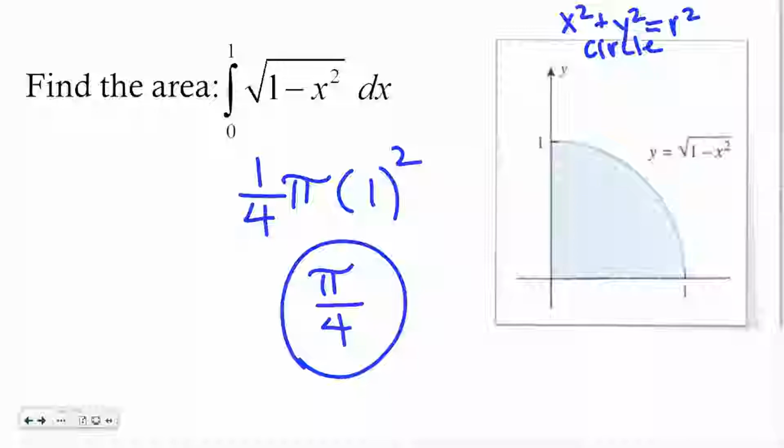Where I see you using this the most often would be if you have a semicircle or an absolute value. Have I ever shown you how to take the integral or even the derivative of an absolute value?